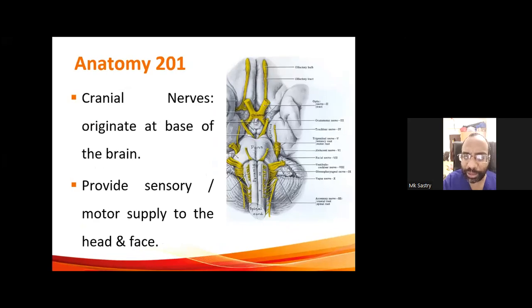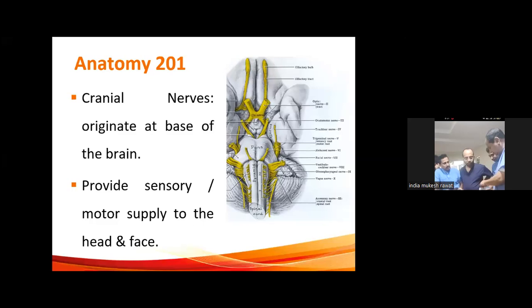So you will see the cranial nerves. They originate at the base of the brain. Where do they originate? At the base of the brain. You can see behind. The base means what? This is the frontal. This is the base. So at the base, how many nerves will you see? 12 cranial nerves. 12 pairs.